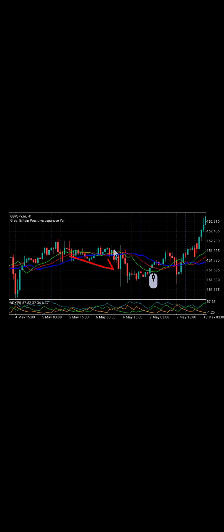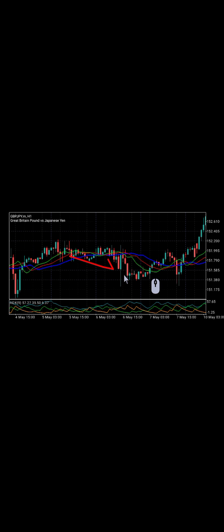So you see that right here, when the green line is beneath the red and the blue, we actually moved to a very strong downtrend. If you sold here, at the close of this candle, then I think you should actually make some good profit right up to this point.